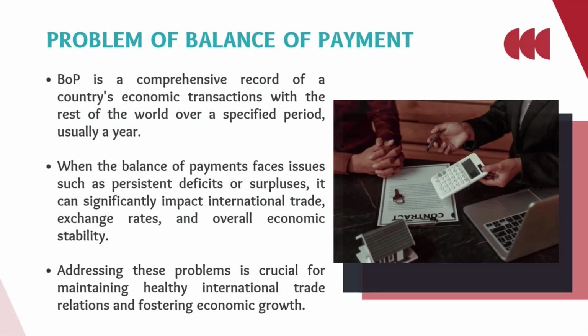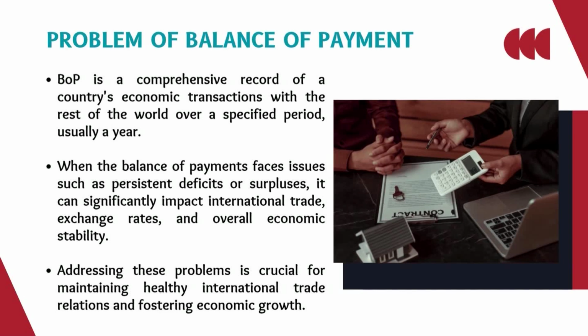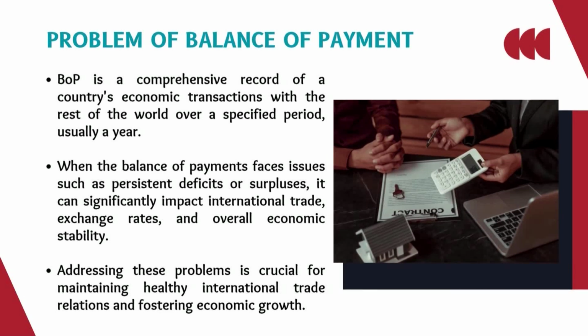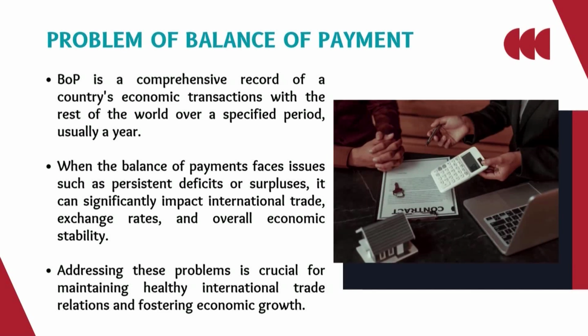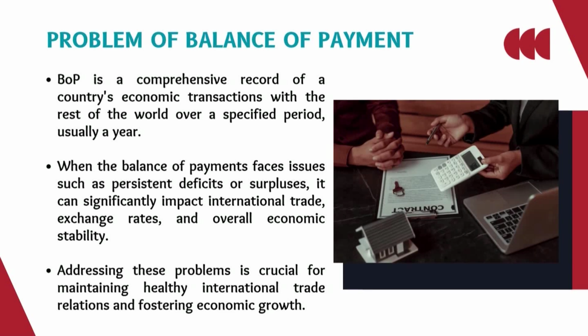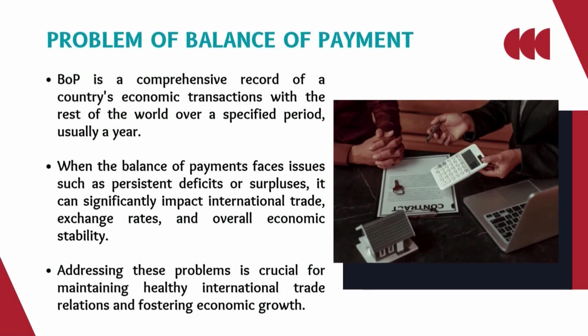Next, another important feature is the problem of balance of payment. So balance of payment, in general language, is basically the total export and import of a country within a specified period of time. Now, change in exchange rate, change in interest rate, change in inflation, those are some of the economic variables which have an impact on balance of payment.